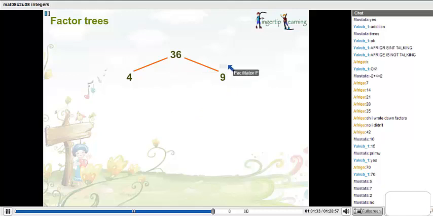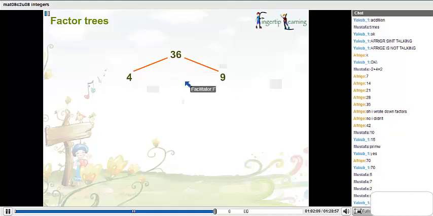So are 4 and 9 prime numbers or prime factors? What do you all think? Are 4 and 9 prime numbers? No, isn't it? 4 and 9 are not coming under the category of prime numbers. So I cannot do it like this. I have to do something more to this question.